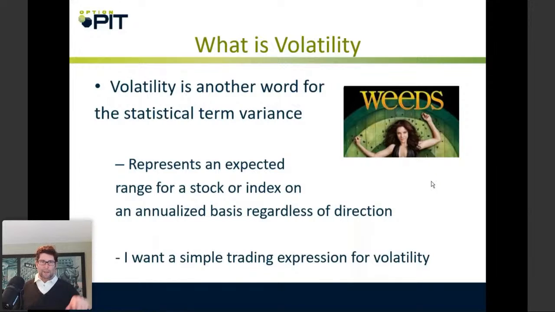Now, everybody in here and everybody watching this video probably understands that nobody knows exactly, maybe except for Citadel, what the volatility is going to be over the next year on average for 1 year. So that's a thought for you to put in your head. If you're just learning about volatility, just learning about options, you want a simple expression for trading, a simple expression for volatility based on statistics.